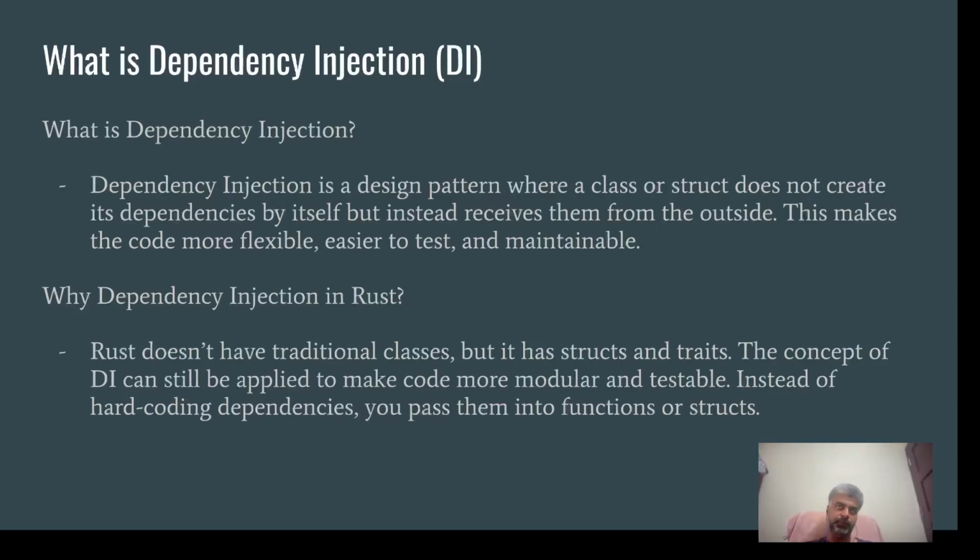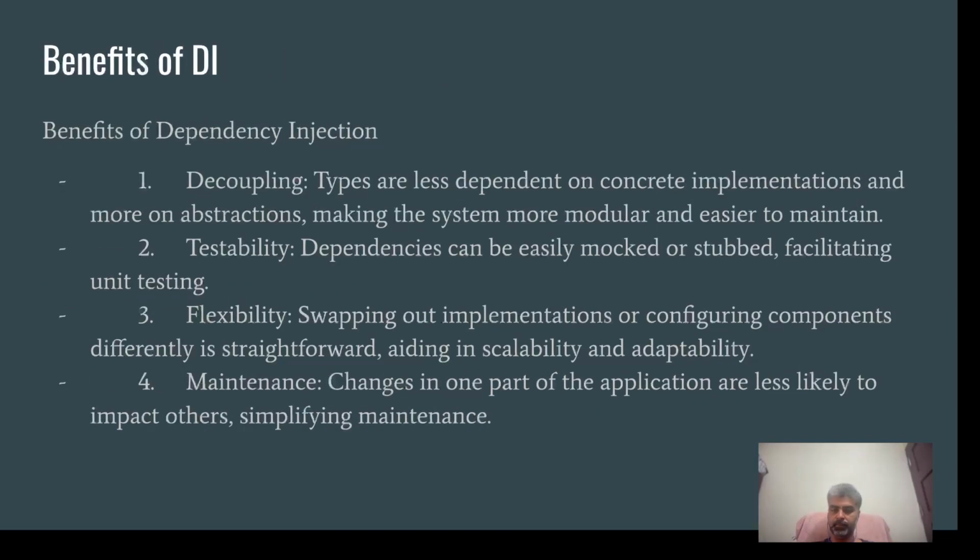So what we do is we don't hard code the dependencies. That means if you hard code dependencies inside your code, your code is not maintainable basically, not very flexible. Instead of that, we inject those dependencies through functions. We inject those dependencies.